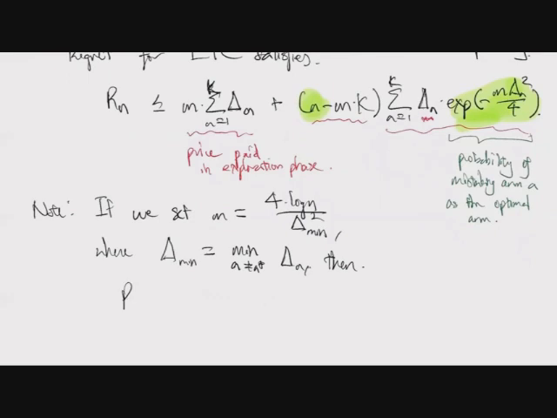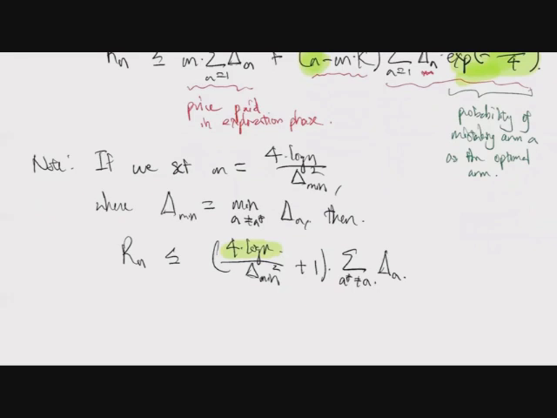then the regret that we get is less than 4 times log n divided by delta min squared plus 1 times the sum over the suboptimal arms of delta sub A. And again, we see over here that the regret is logarithmic in n.